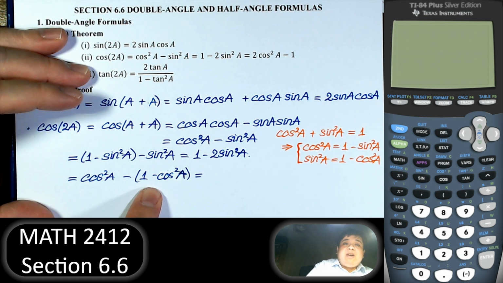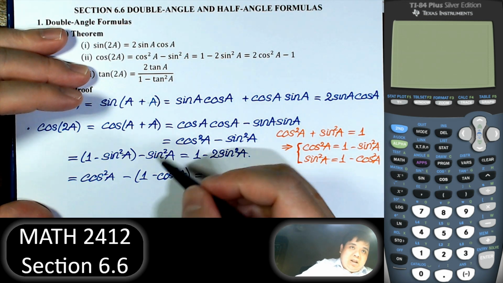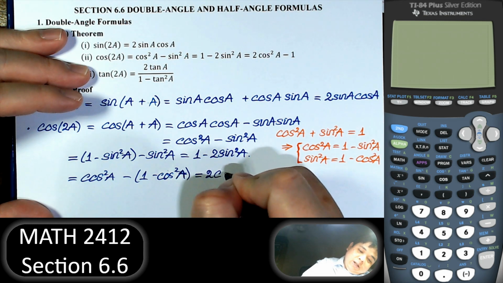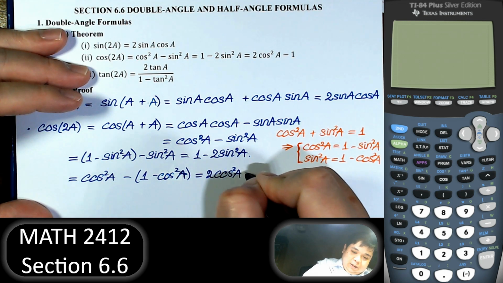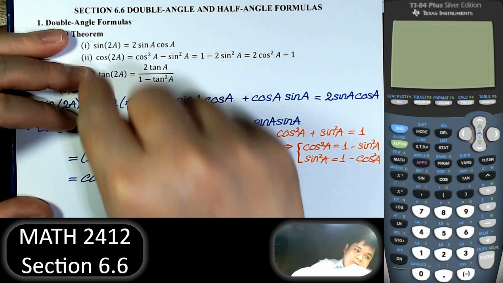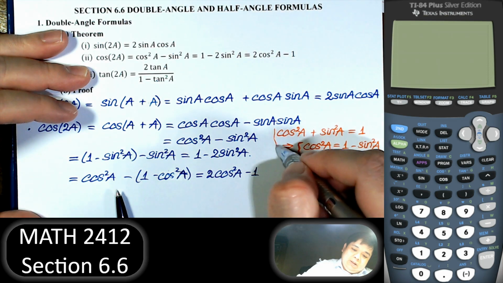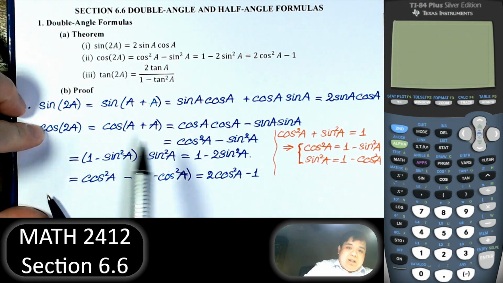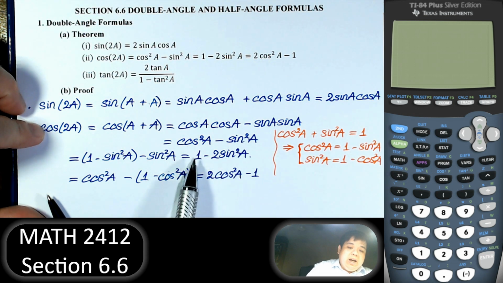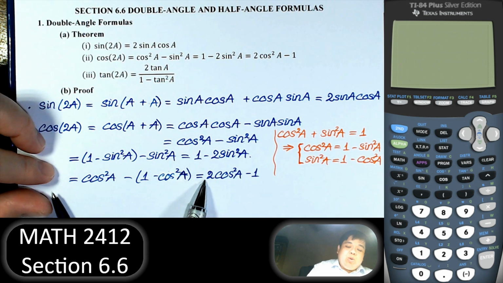And minus the negative, that's a plus. So we have 2 cosine square minus 1. Right. So cosine of 2a is equal to cosine square minus sine square, or 1 minus 2 sine square, or 2 cosine square minus 1.